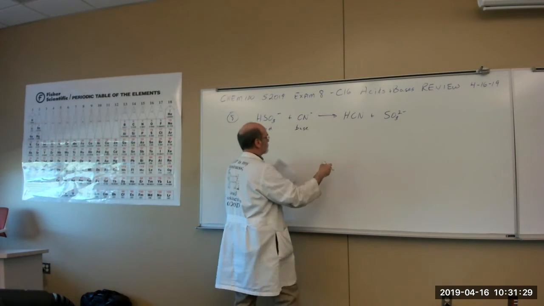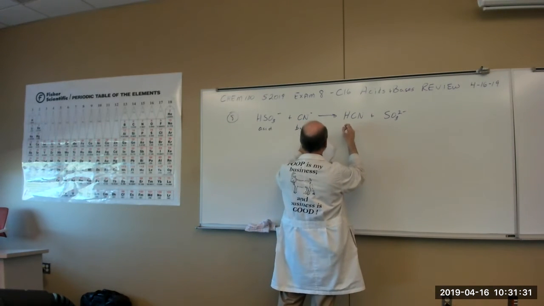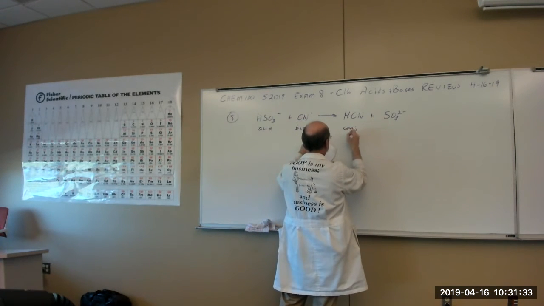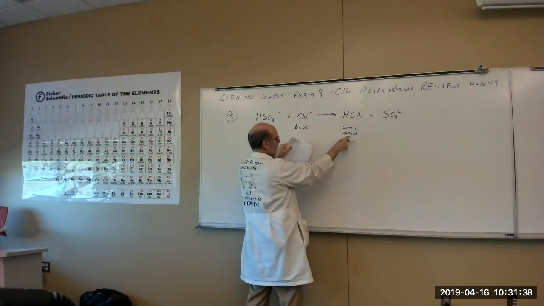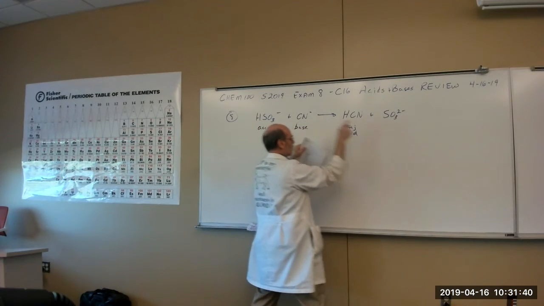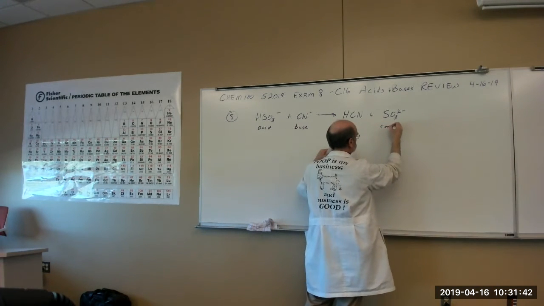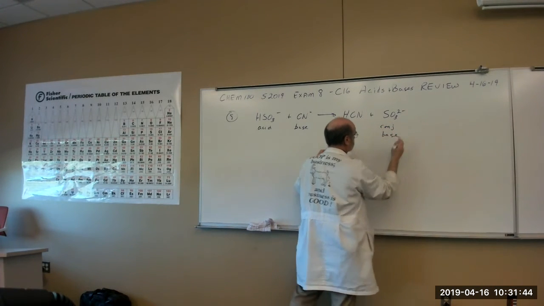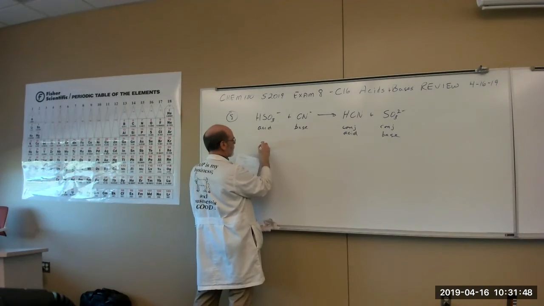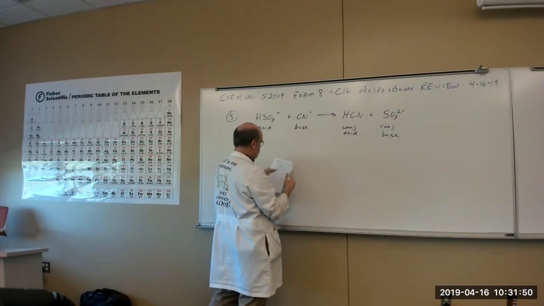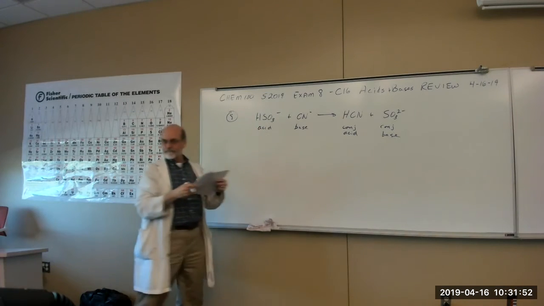So on the other side, this one is the conjugate acid, because that's the base. And this has to be the conjugate base, because this is the acid. Okay, so that means it's acid, base, acid, base.